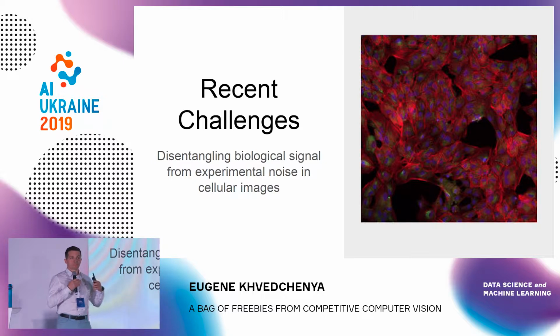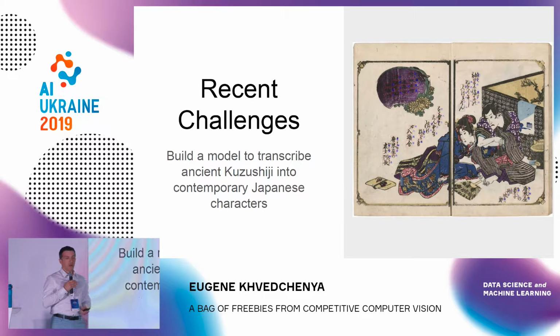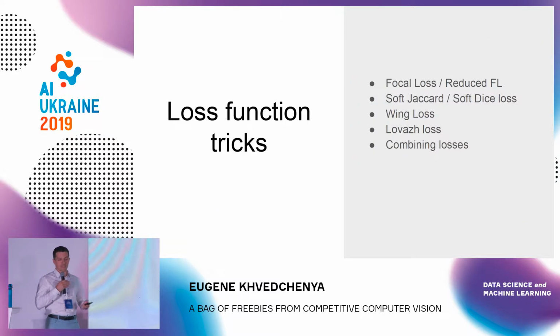If your problem demands multi-label classification where there is a long-tail distribution, you can still learn from it. Or some object detection puzzles where you should translate old Japanese characters into the contemporary alphabet. So everyone can find a solution that somehow reflects their own tasks.